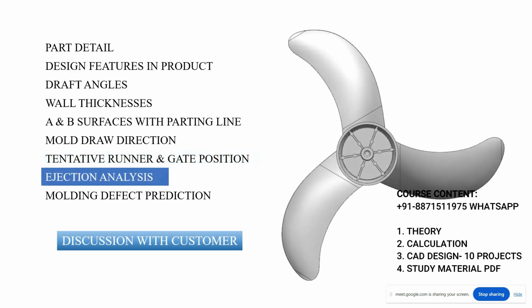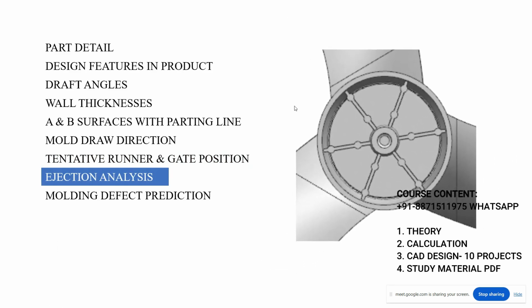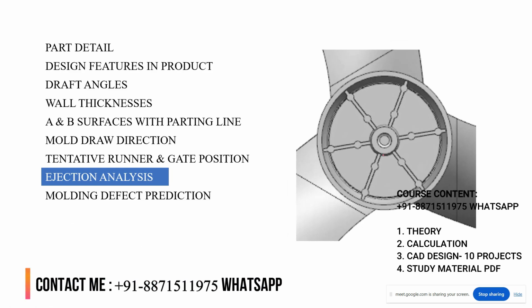Achha, ejection analysis. Where will be the ejector pin? Tell me. Where should the ejector pin be? If we are using ribs and gussets here, if the customer requires, then basically we should use the ejector pin at this location. Right or wrong?